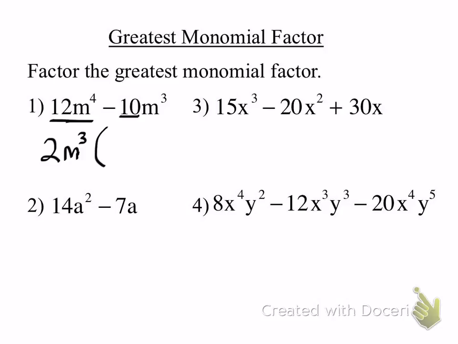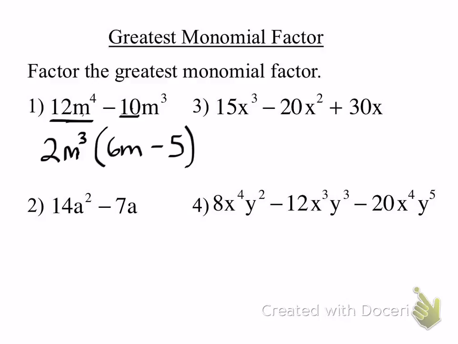So when I divide 12 by 2, I'm left with a 6. When I divide m to the 4th by m to the 3rd, I'm left with m. Minus. And when I divide 10 by 2, what's left? 5. And m to the 3rd by m to the 3rd equals 1. So this is what we call factoring. Have you seen it before?